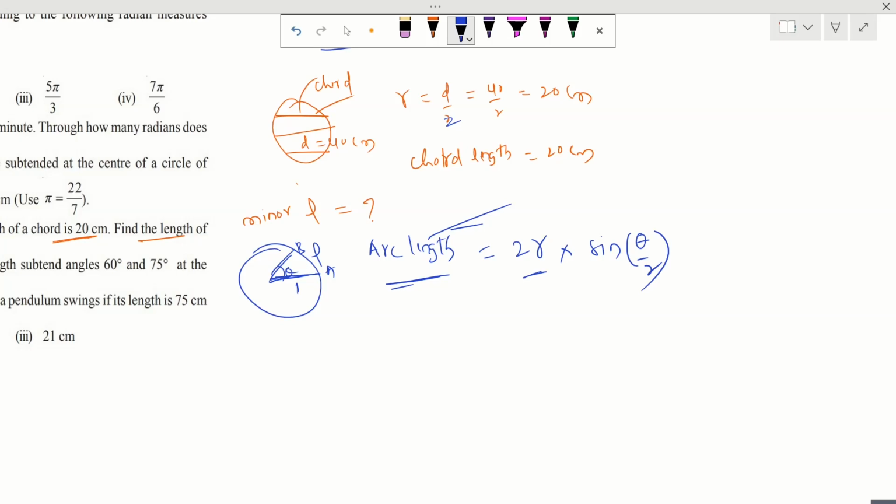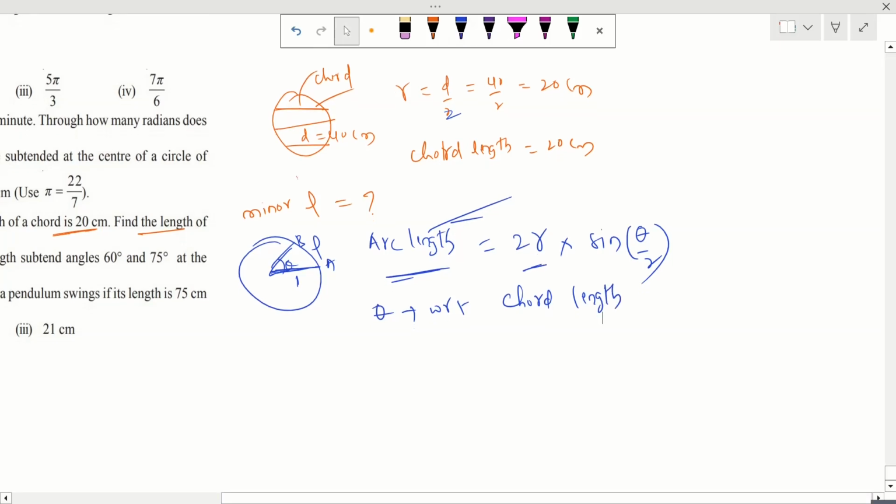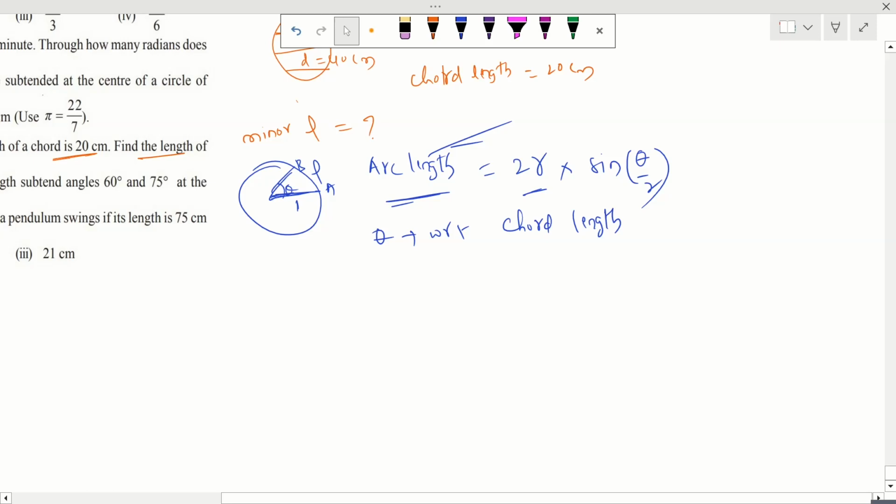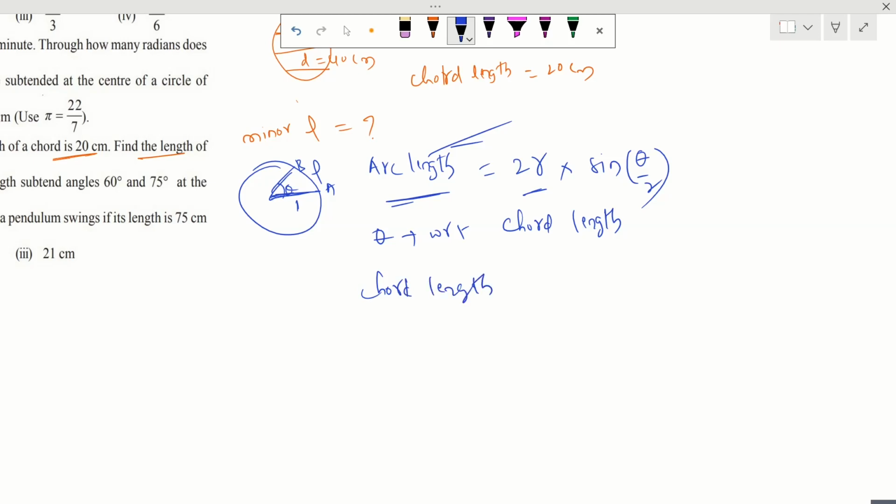Now we have to find theta with respect to the chord length. With respect to theta, we have to find the chord length. The formula for the chord length is the same: 2r sine theta by 2.